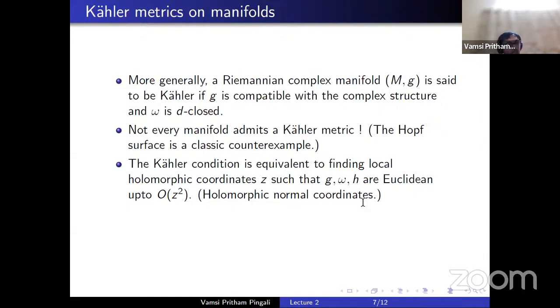But the first derivatives of the coefficients of H need not be 0. So the trick here is you further change your coordinates by adding a quadratic term. Instead of just linear algebra, you add a quadratic term and choose the coefficients cleverly so that the first derivatives at that point become 0.